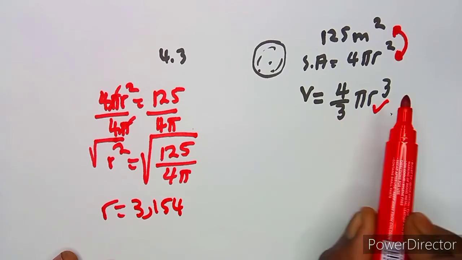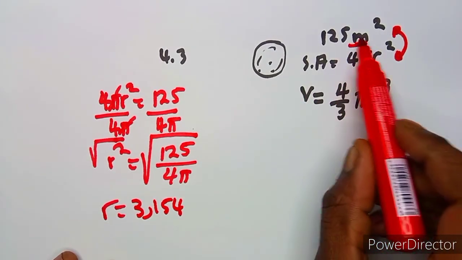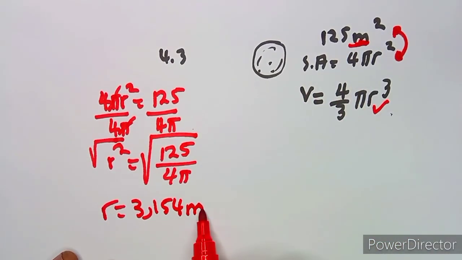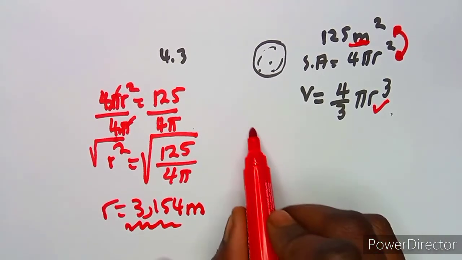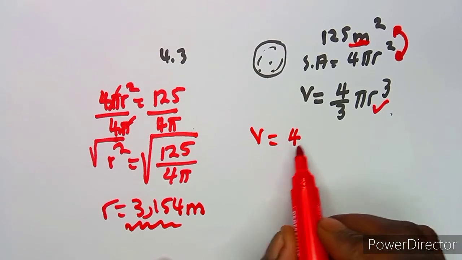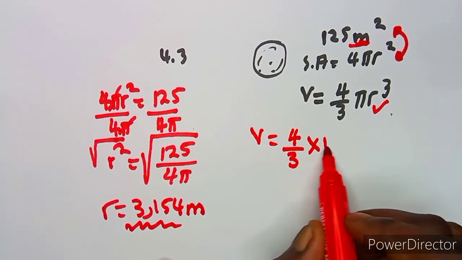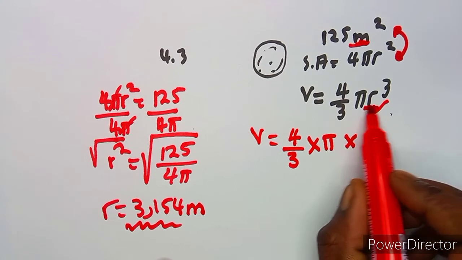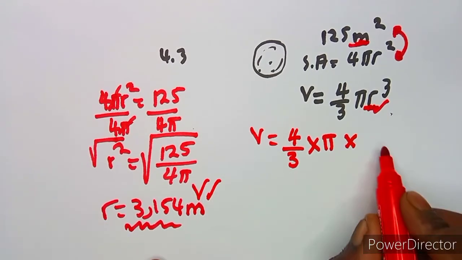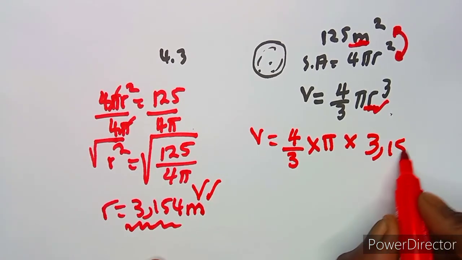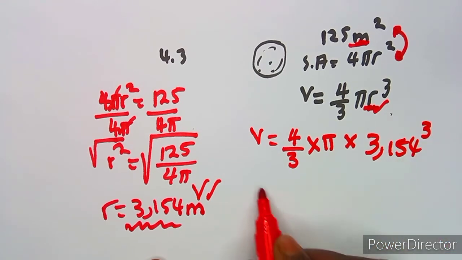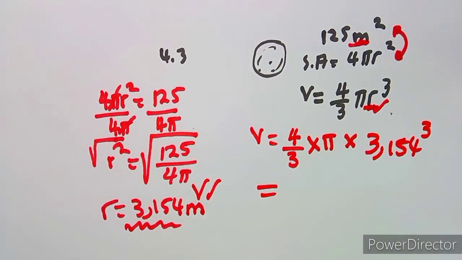And these were in meters, so this will be in meters. The radius is there, so the volume can be determined because we said it's 4 over 3 times pi times r cubed, which is this radius, 3,154 cubed, like this.